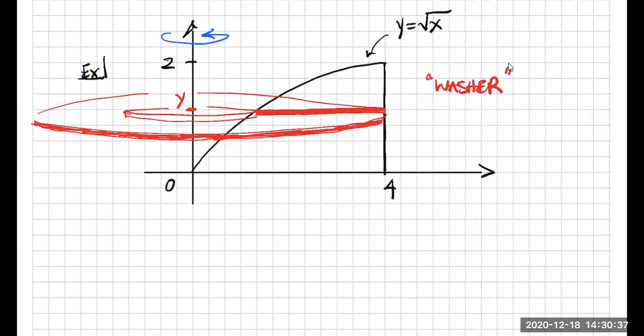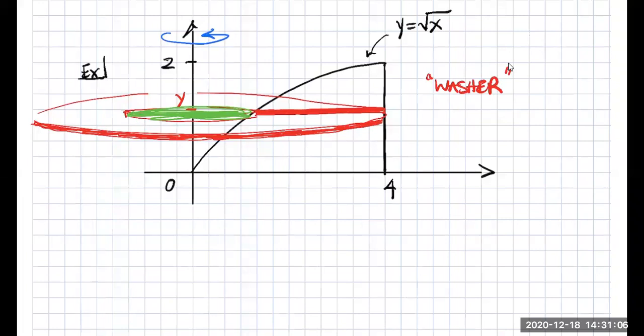Find the volume of the solid disk, then find the volume of the inner disk. In other words, let me use a different color. See this part that's in here? Imagine that as one solid disk. It's a smaller one. Subtract it out and you'll have your washer. So a washer is a smaller disk subtracted from a larger disk.